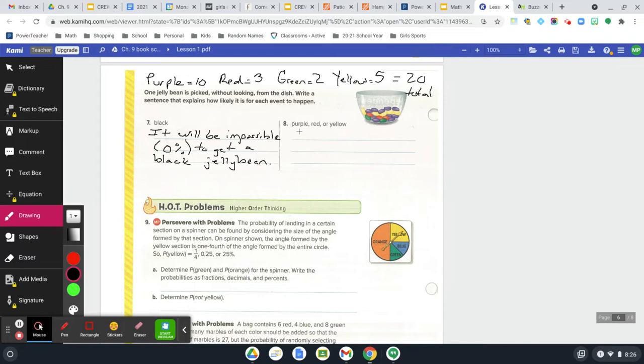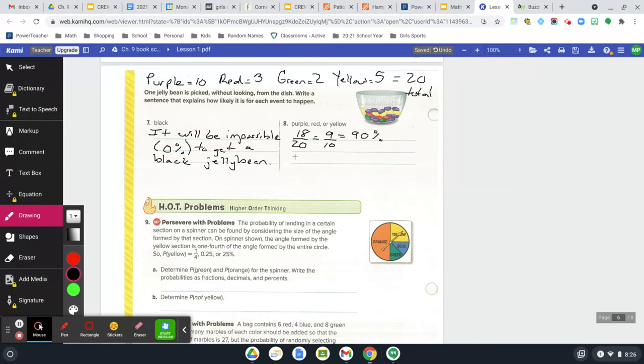So that means here you would have a probability of 18 out of 20 if you were to pick a purple, red, or yellow jelly bean. And if you reduce that, this goes with yesterday's lesson. If I cut that in half, it's about 9/10, which means you have a 90% chance of getting one of those 3 jelly beans there.